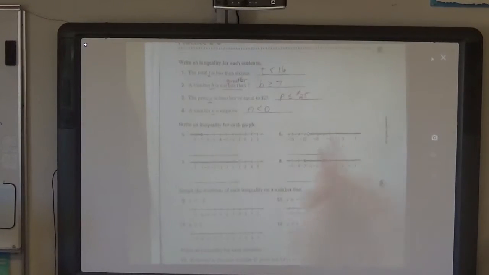Number 5. So this is just like the front side that we did. Use n again.